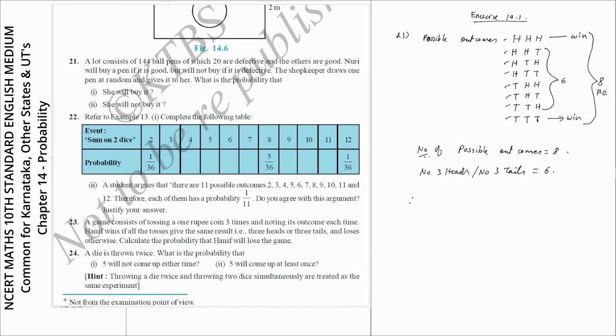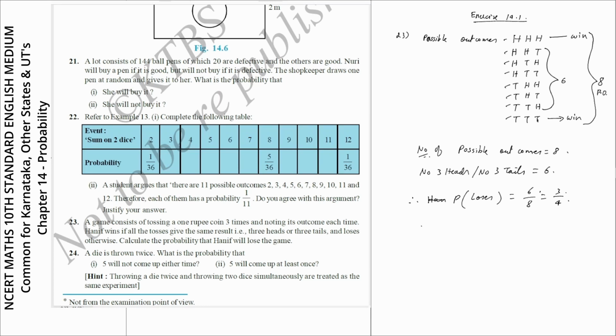Therefore, the probability that Hanif will lose, when he won't get 3 heads or 3 tails, will be equal to 6 by 8. So 2 3s are 6, 2 4s are 8. So the probability that Hanif will lose is 3 by 4.